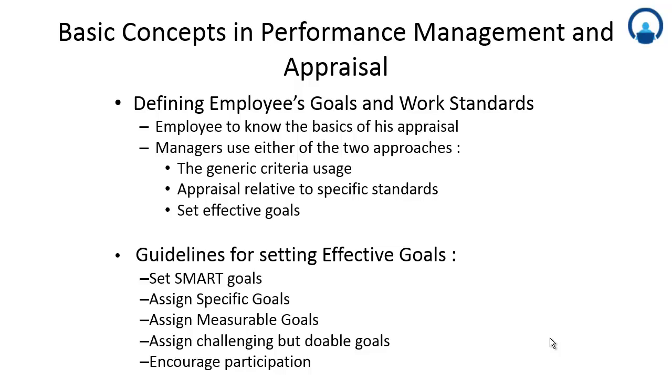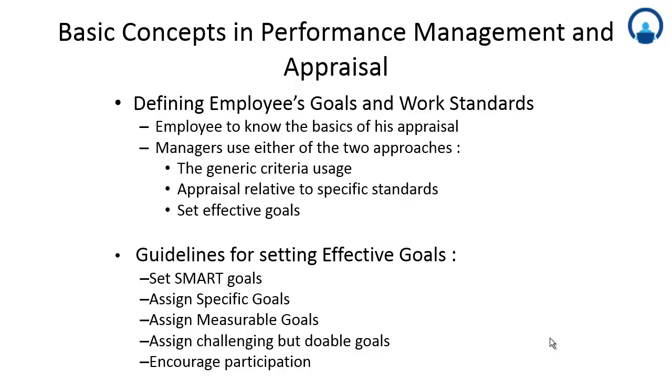One need to assign the measurable goals too. Always try to express the goals in terms of numbers and include target dates or deadlines. The employer should assign challenging but doable goals.